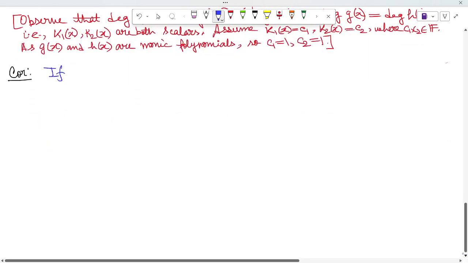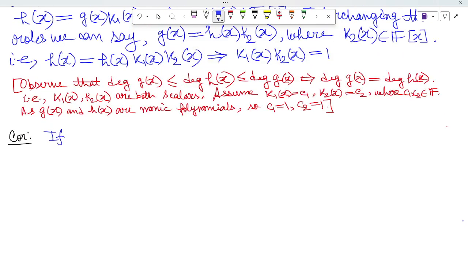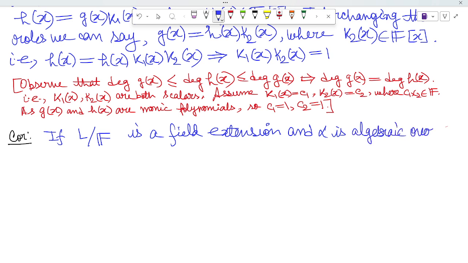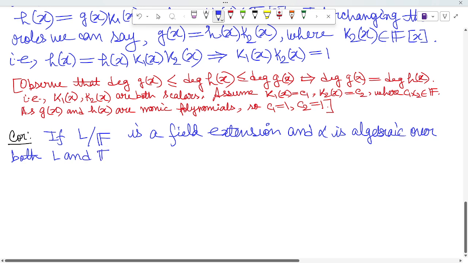If L over F is a field extension, and alpha is algebraic over both F and L. Okay, now read this much.